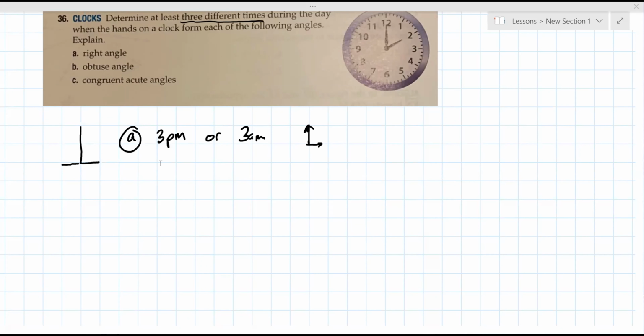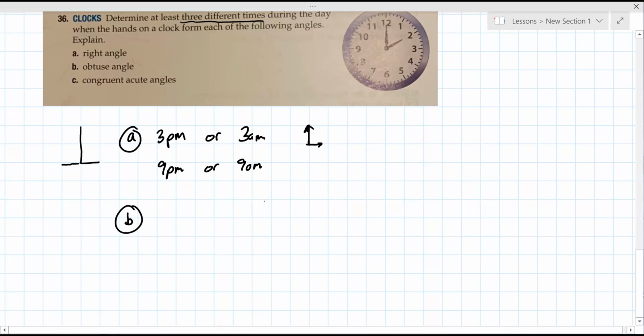So we can also say 9 p.m. or 9 a.m. So an obtuse angle, there's lots of possibilities. It actually could happen at any hour or time of the day. You just need a situation where that large hand is more than 90 degrees away from the little hand.